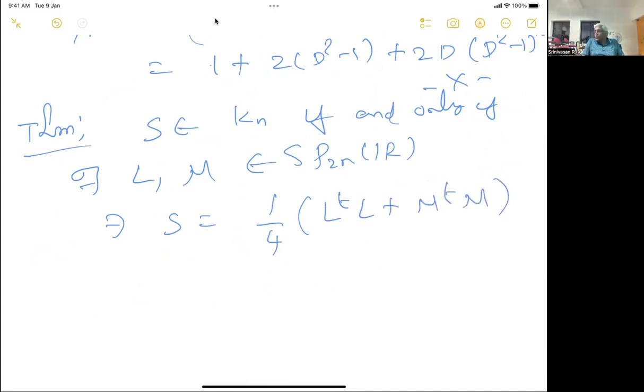Okay. And you know that L transpose L, you can always get it as a covariance matrix explicitly. You take the vacuum vector and apply gamma of L on that. Okay, you will get a Gaussian state.